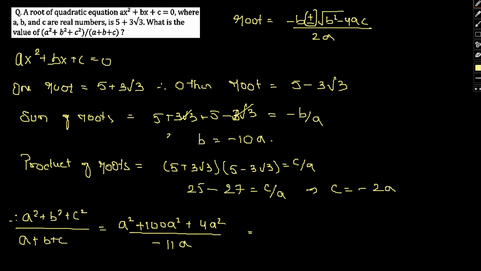Okay, so this would be 105a by 11. Okay, so this will be our value, and basically we cannot actually find a value because we don't know what the value of a is. Okay, there is a minus as well.